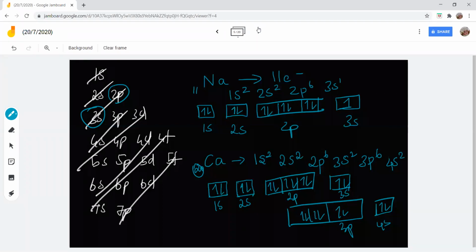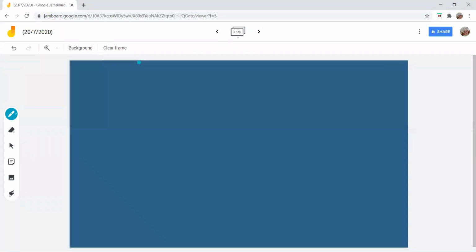Have you all copied down this? Very good, students. So all of you are doing good. Very good. So now, let me change to black.